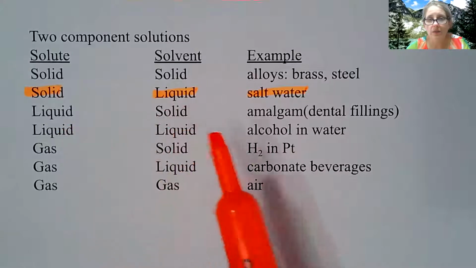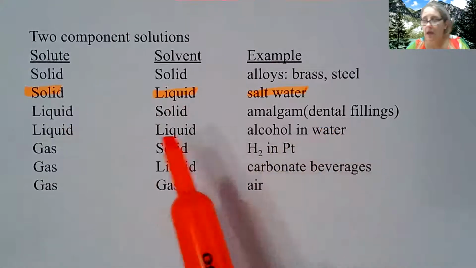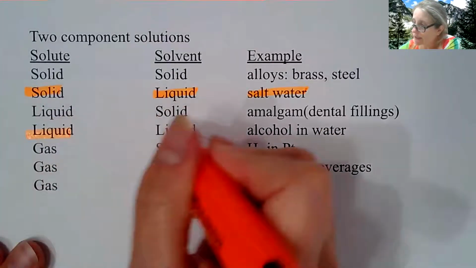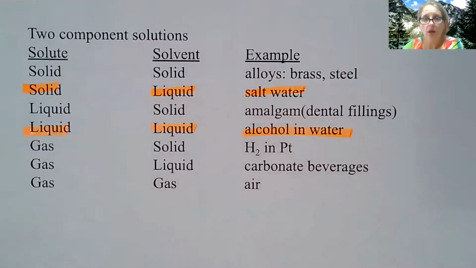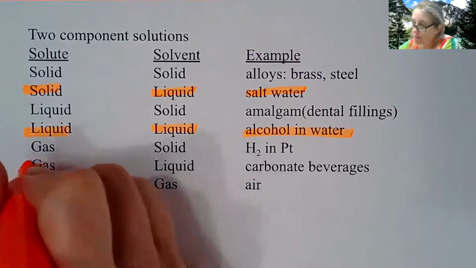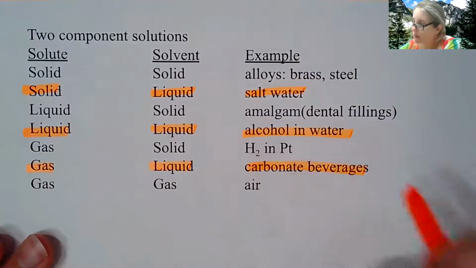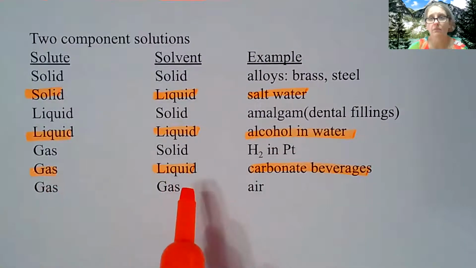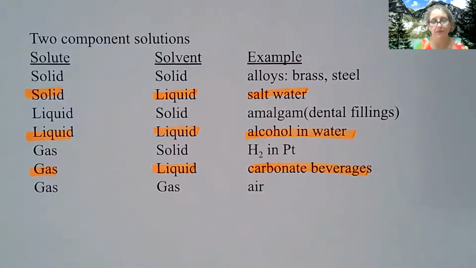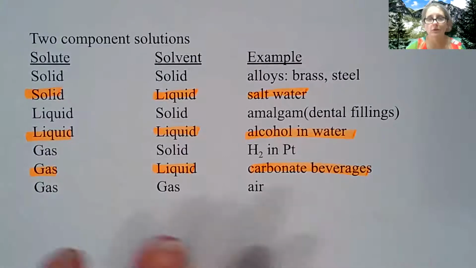So like liquid into solid, again, dental fillings. One that we're going to talk about a little later in the lecture is alcohol into water. So that's liquid into liquid. And we did mention a little of this when we were doing gas laws, gas bubbling in through a liquid. That is also a solution. We have carbonated beverages. So that's really the purpose of that list there, more than for you to memorize or anything like that.